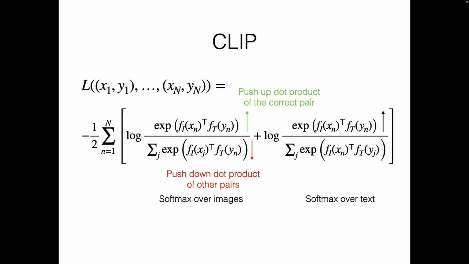Okay. And then similarly, you could do the same thing for the text. So you could say, for each row, push up the dot product of the correct pair, and then push down the dot product of the other pairs.